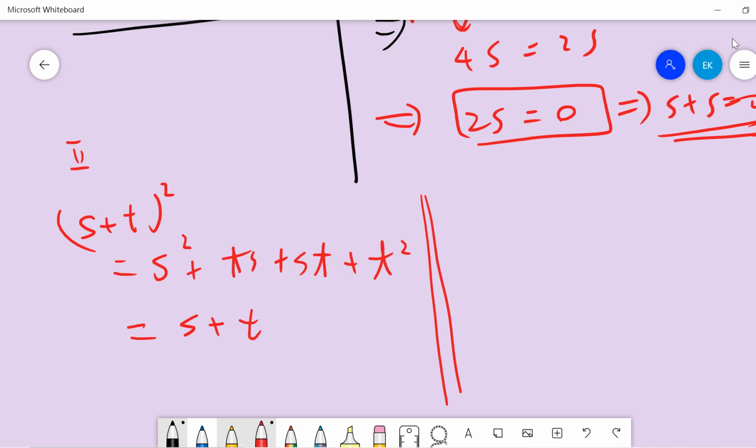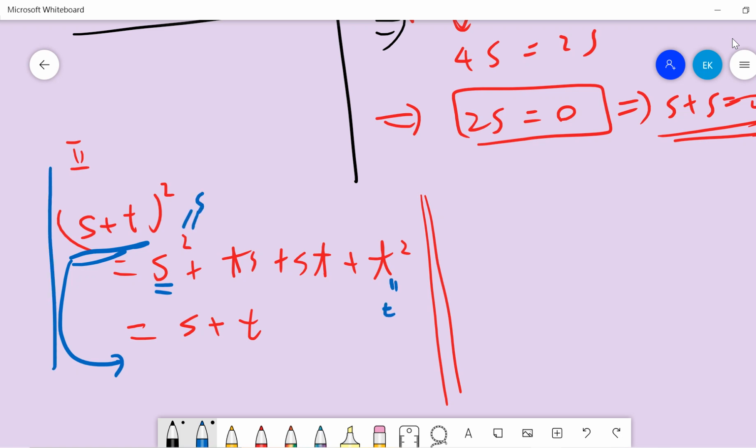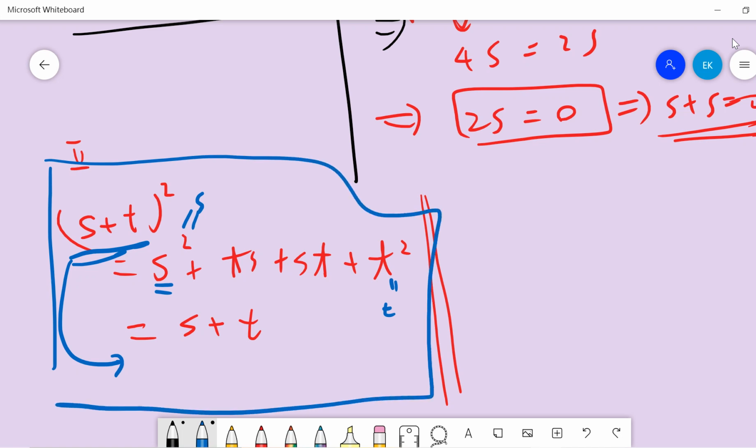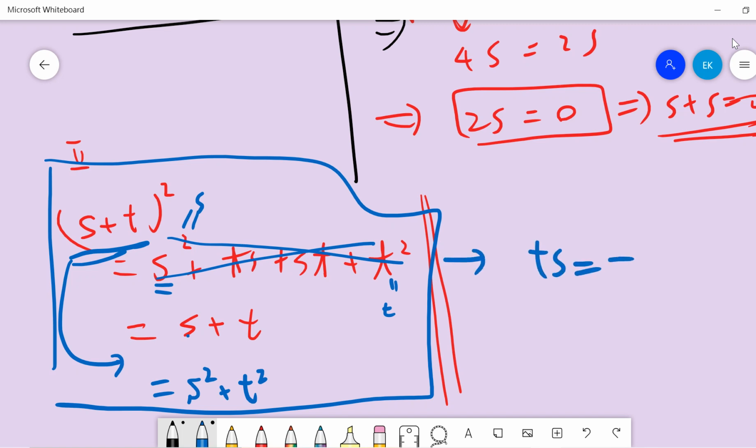This is from here, right? And this also is S. This is also T, right? So I mean, you don't have to remember this, but you know that S is equal to S squared and T is equal to T squared. So basically the second is correct. But the second gives you another condition, that TS equals minus ST.